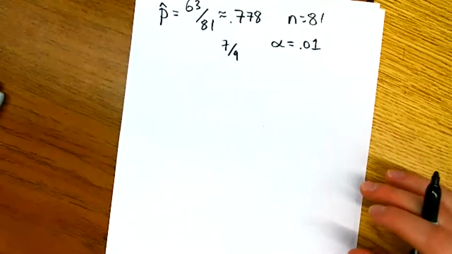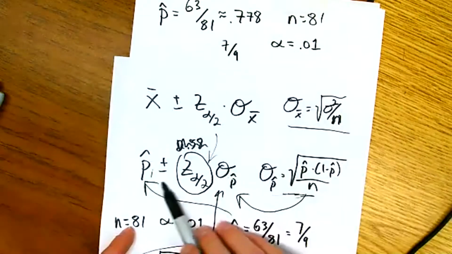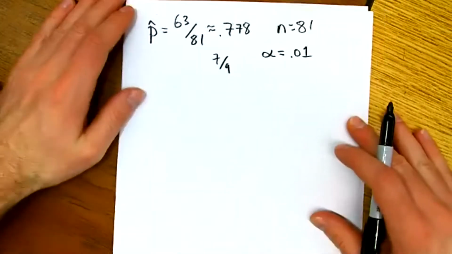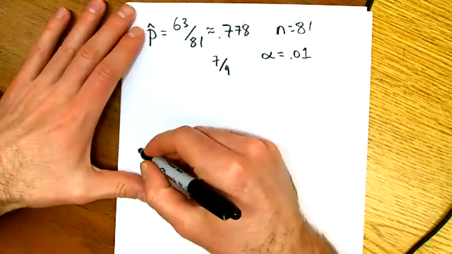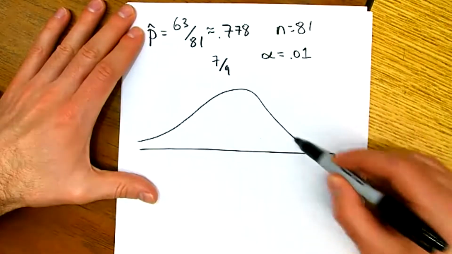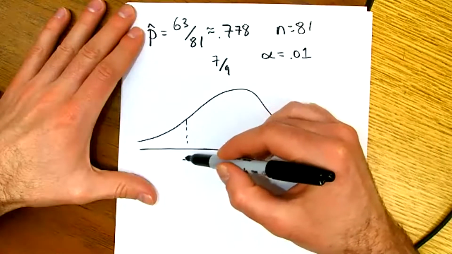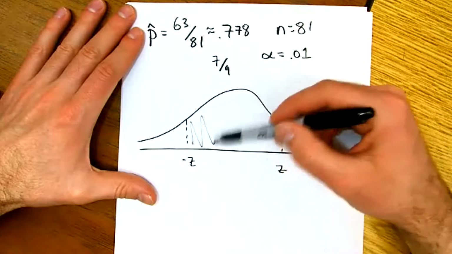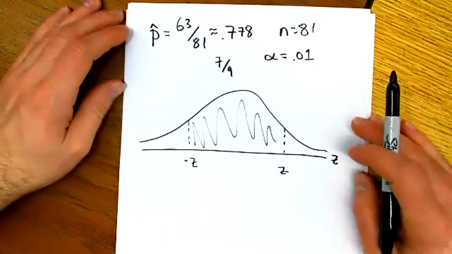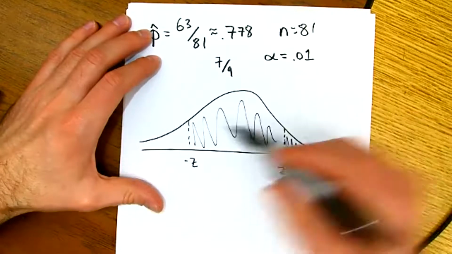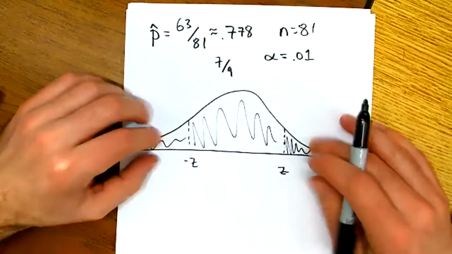Now if I think about that equation I had for my confidence interval, I can start plugging some of these values in. But one thing I'm also going to need is the z-score such that the area within is going to be 0.99, or the area in my tails is going to have a total of alpha.